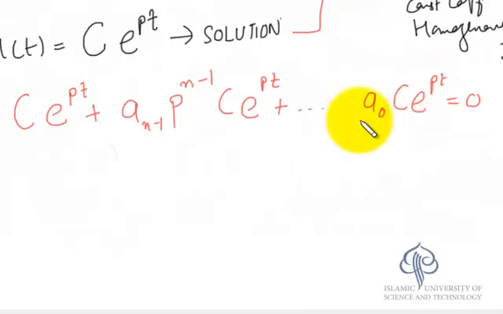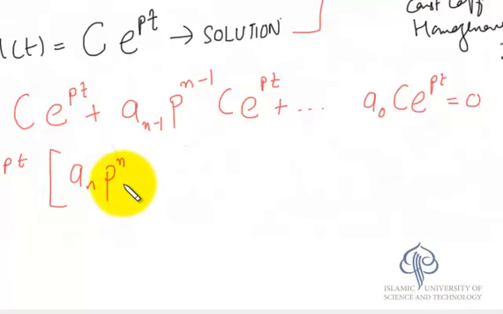Then you can take this c e to the power pt outside, and inside you will get what is called the characteristic equation of the differential equation, which is an equation in various powers of the unknown p.